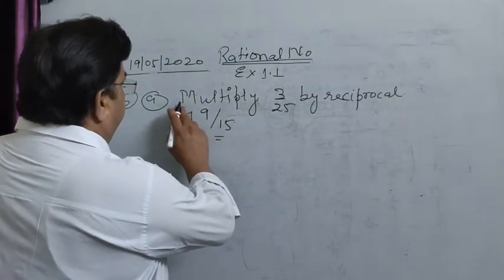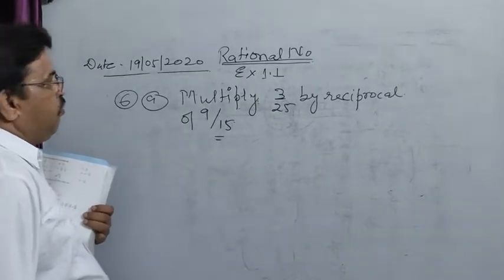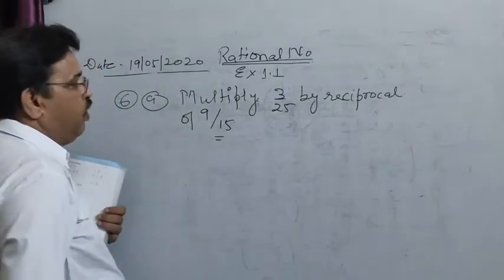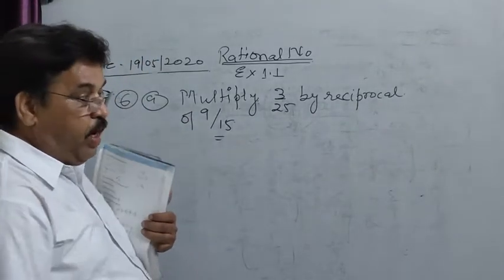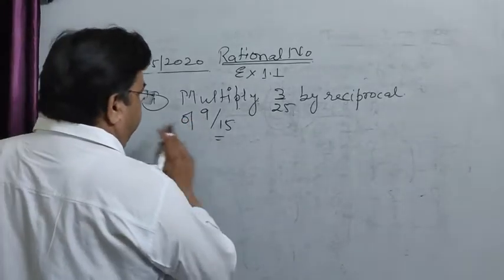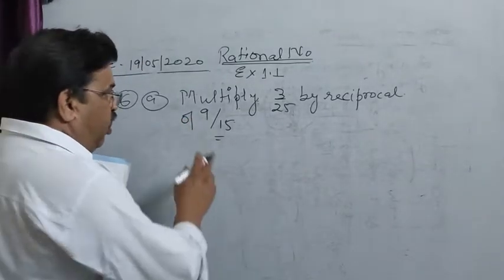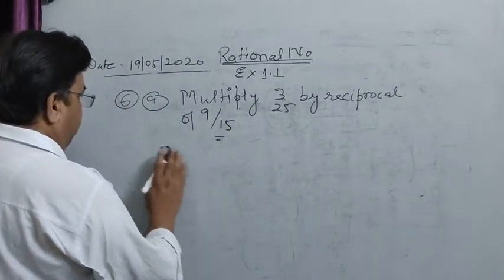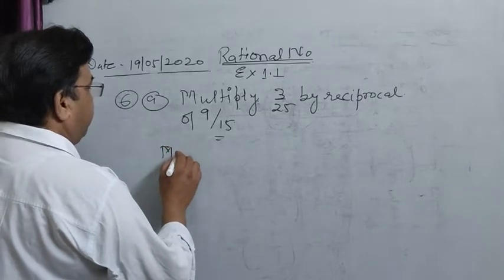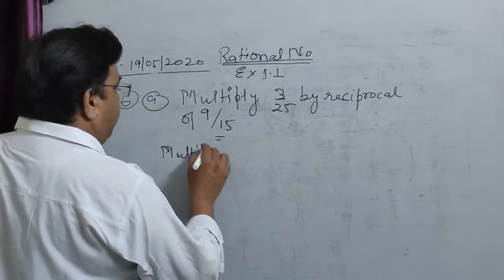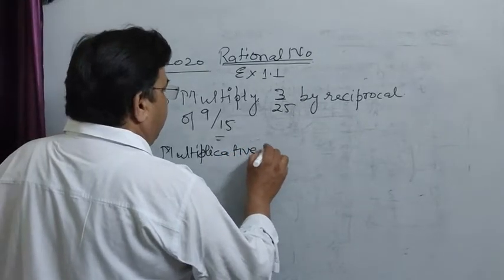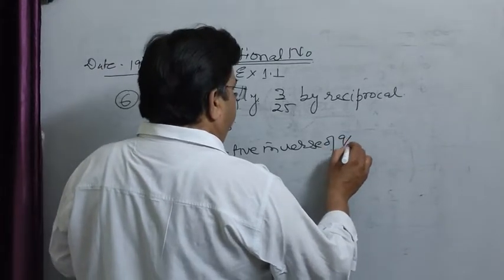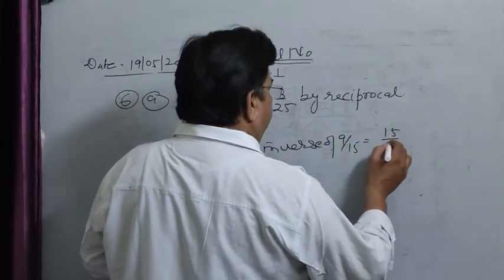The question is saying multiply 3 by 25 by the reciprocal of 9 by 15. First of all, we have to write the reciprocal of this number, and then multiply the reciprocal by this number. The multiplicative inverse of 9 by 15 is equal to 15 by 9.